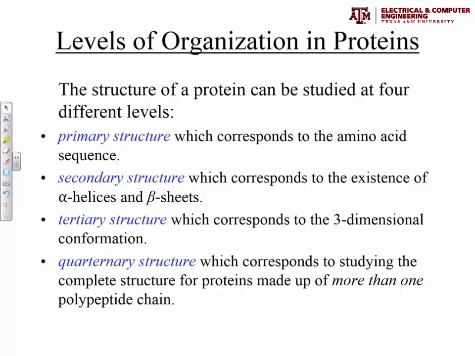And the last one is the quaternary structure. This corresponds to studying the complete structure for proteins that are made up of more than one polypeptide chain. So you first determine the three-dimensional structure of one polypeptide chain, then of the other, then see how the two of them come together to produce the final three-dimensional conformation for that complex protein.